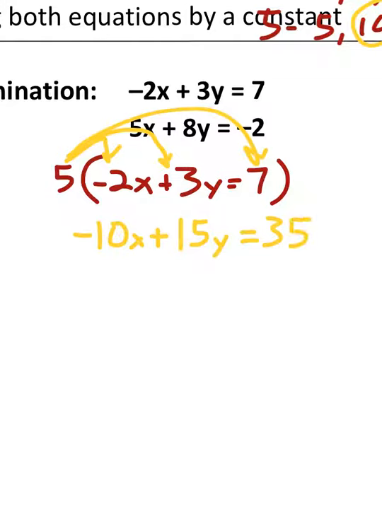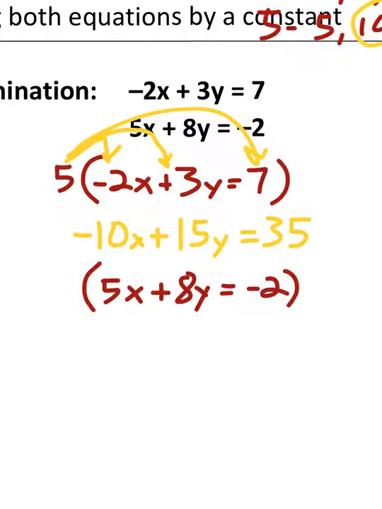And I'm going to do the same thing to my second equation. I have 5x plus 8y equals negative 2. And I'm going to multiply the entire equation times 2. So 2 times 5x is 10x. 2 times 8y is 16y.